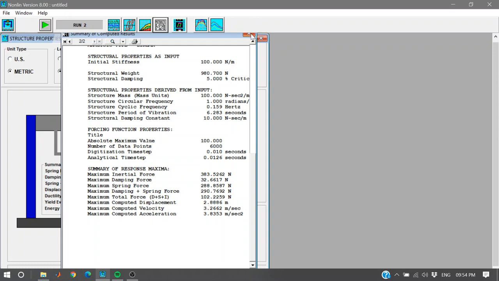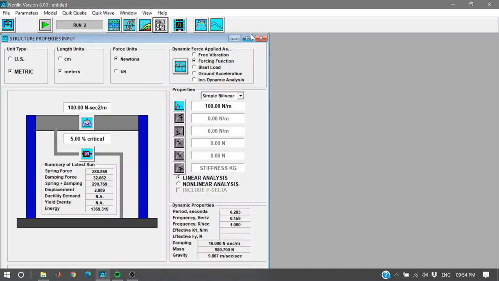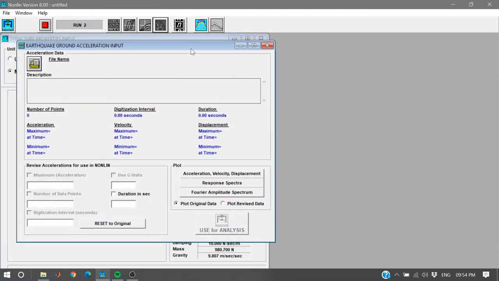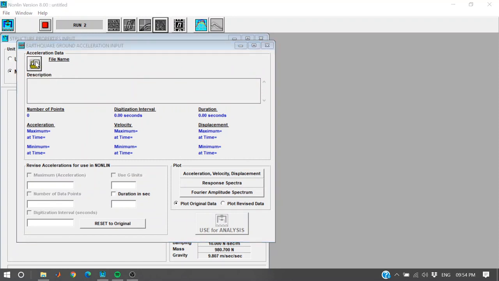Similarly, if I want to analyze my linear system under ground acceleration, I can select this option, ground acceleration. Again, when I press this button, set parameters, I'll get this window. Here, I should select open file.